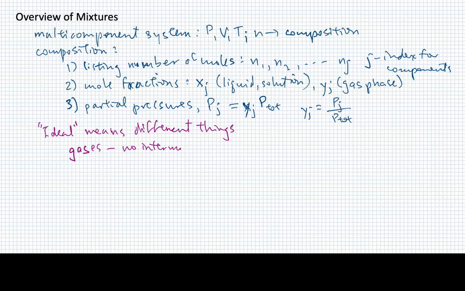That is, there's no attractive forces between molecules, nothing that causes them to behave other than just point particles bouncing around and bouncing off each other. It also means that those particles have no volume. And we saw that, in fact, when we went to non-ideal gases, we had to correct for both of these in the previous module. So hopefully not a surprise that ideal gases have these particular qualities.